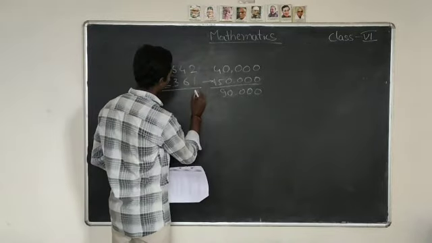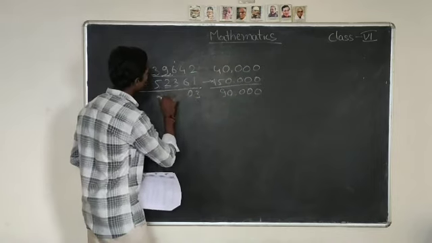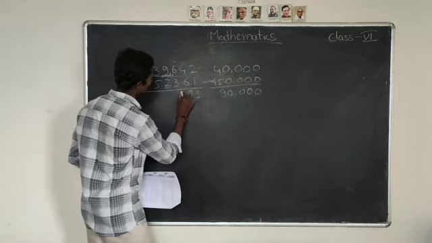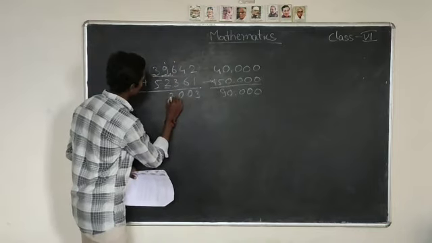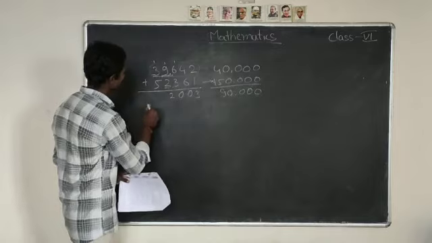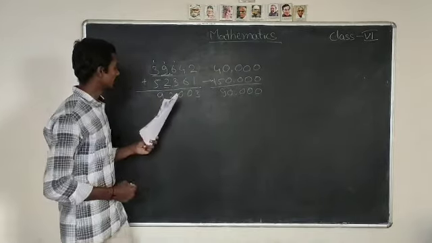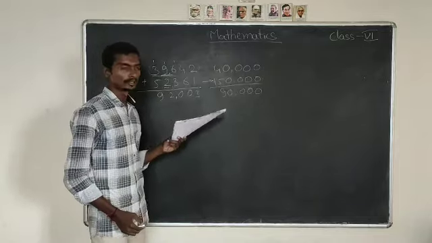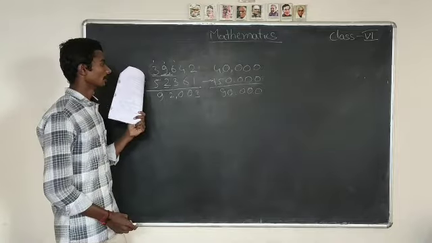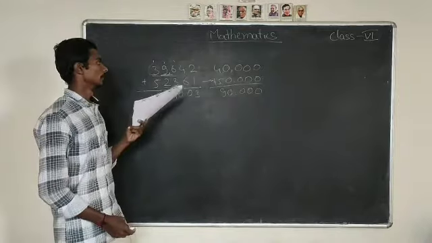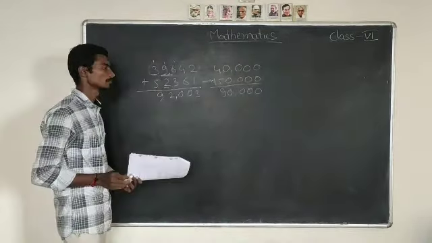That is 2 plus 1, 3, 4 plus 6, 10, and carry 1, 6 plus 1, 7 plus 3, 10, 10 plus 2 is 12, and this is 9. See, in this case, what we have got? 92,003. This is closer to 90,000, right? This is how approximation is used in estimation of a sum, that is in addition.